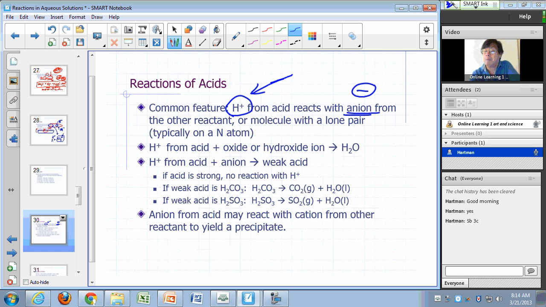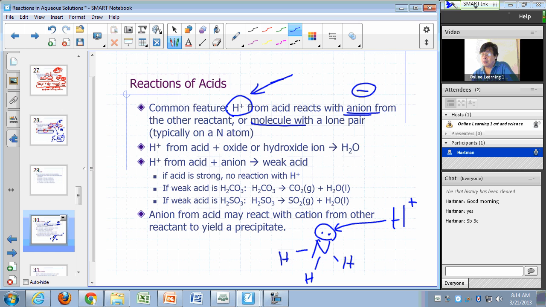Or if you have a molecule that happens to have a lone pair, typically on a nitrogen atom, like ammonia. Ammonia is NH3. It has a lone pair, that means an unshared pair of electrons. That tends to be attractive to a proton, an H+. So an H+ has a tendency to just attach to it. And so that's a typical behavior of H+ in water.